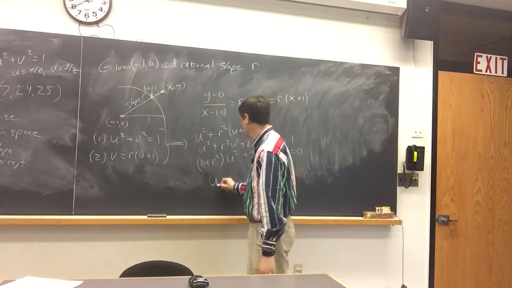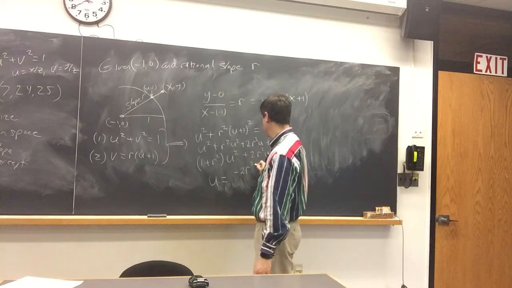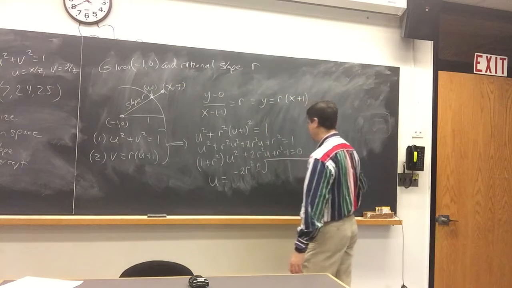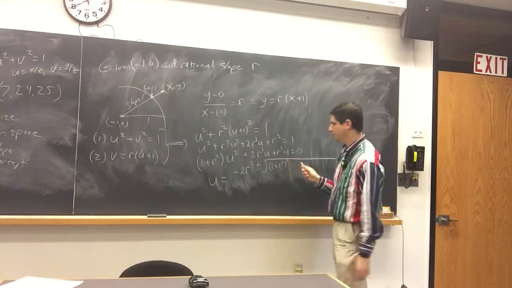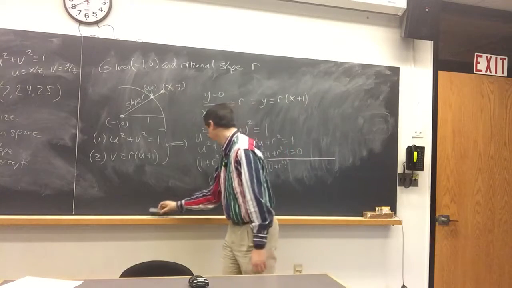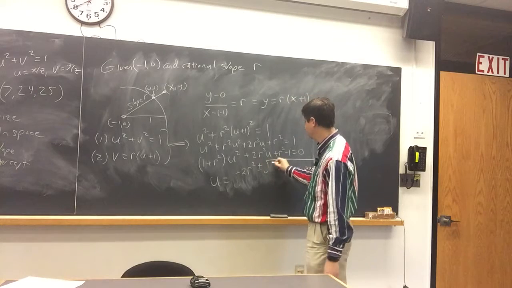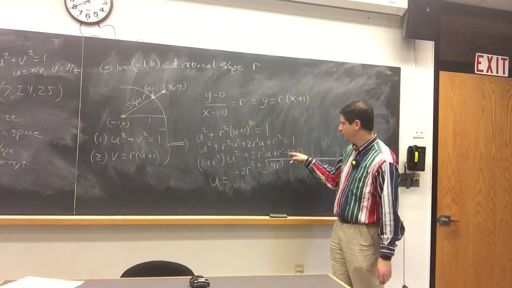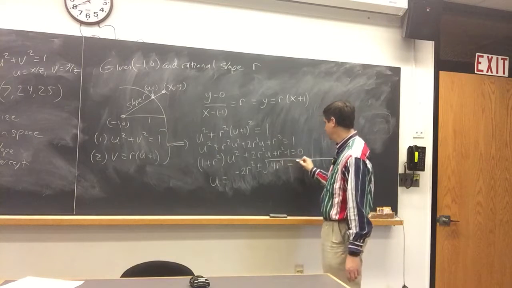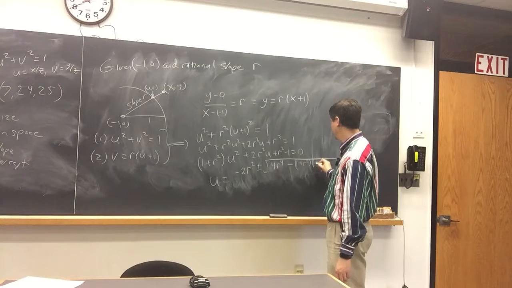So we get u is equal to negative b, so it's negative 2r squared, plus or minus the square root of b squared, which is going to be 4r to the 4th, minus 4ac, so it's going to be minus 4 times 1 plus r squared times r squared minus 1.